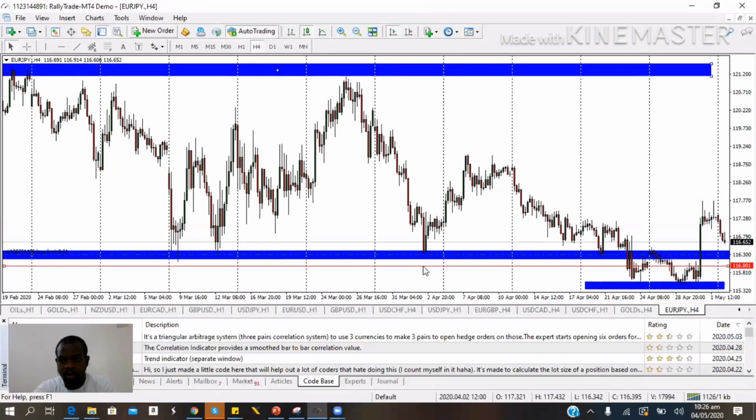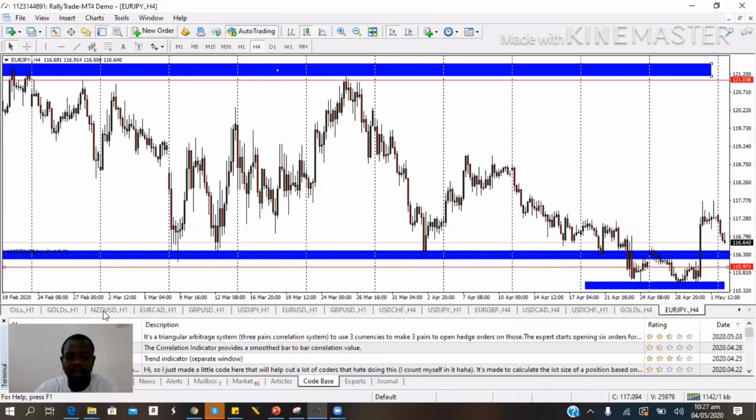So this would be my stop loss, below the support zone, below the resistance zone. That's the support zone. I'm going to have it here, and then I'll have my TP just a bit below the resistance to be safe. So I have my TP here, and I have my stop loss here.